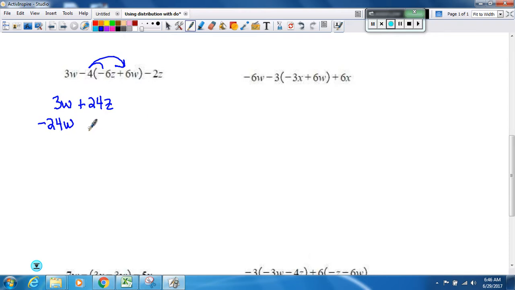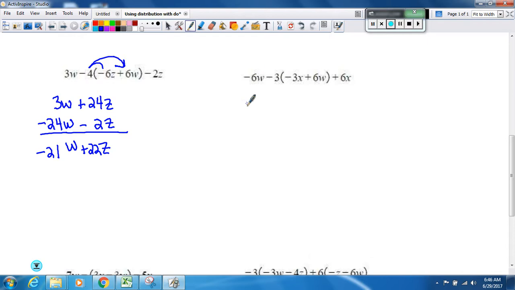And then my negative 2z, that just goes under my z's. So for my w, 3 take away 24 is a negative 21. And then for my z's, 24 take away 2 is a positive 22. So you've got negative 21w plus 22z.